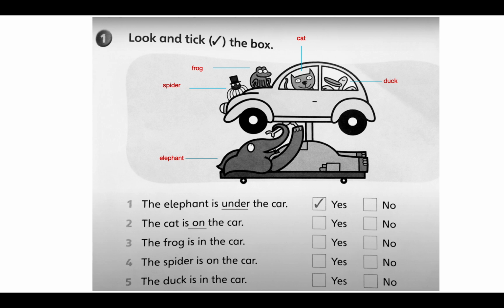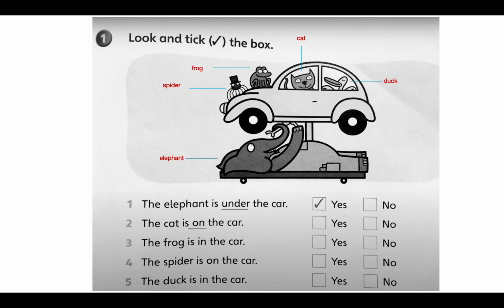Look at the underlined word. Tengok yang perkataan yang bergaris di sini. On. On maksudnya di atas. The cat is on the car. The cat. Cat ialah kucing. Is on the car.